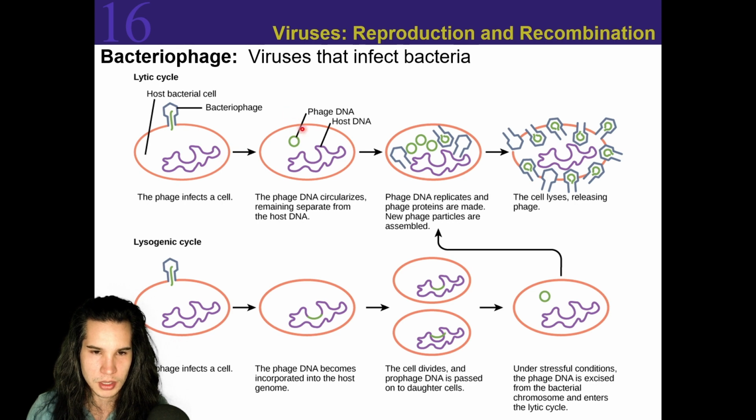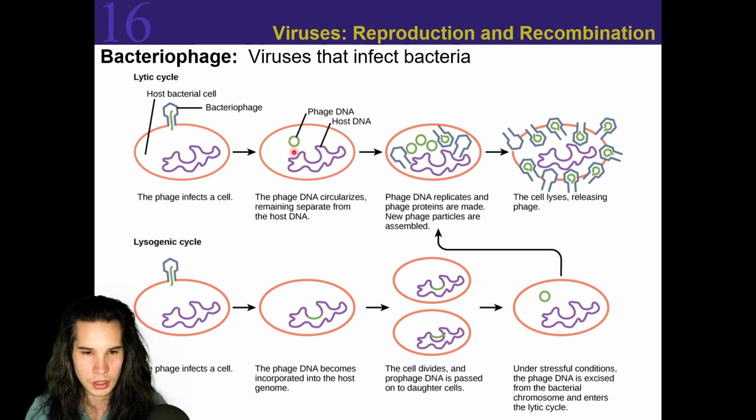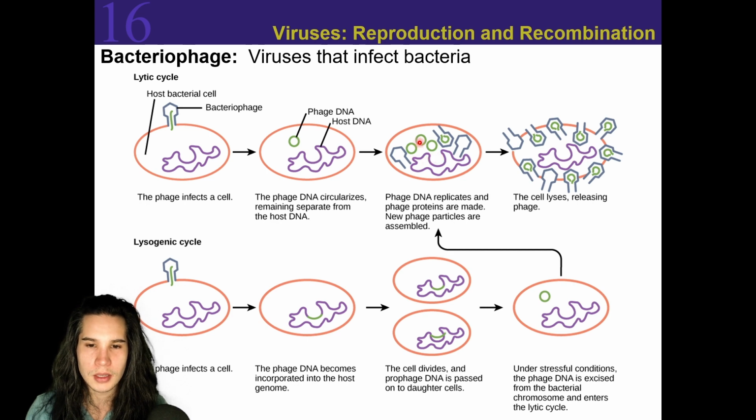And so what happens is the phage DNA will enter the bacterial cytoplasm, and what it does is it's going to hijack the cellular machinery within the bacteria to create more of itself immediately.